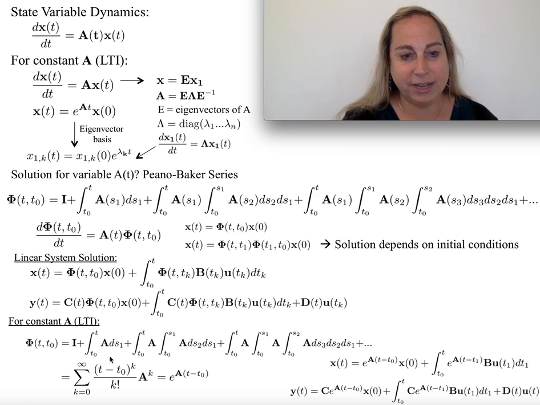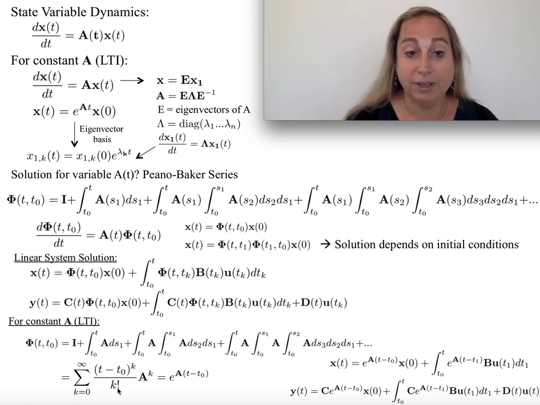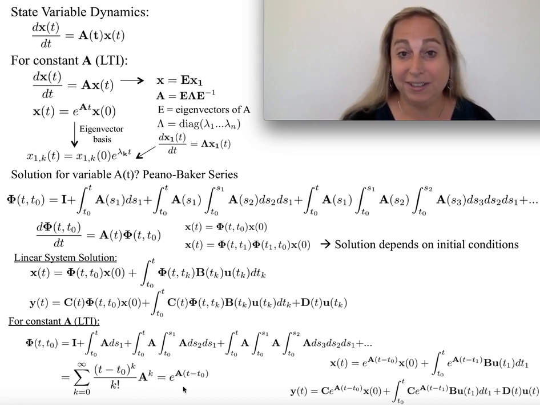And it turns out that not only do I get higher order terms for time related to its initial condition t0, but it's over k factorial. Interestingly enough, when A is fixed, this is a definition of the matrix exponential from the initial condition. Phew, okay, it all works. It's all consistent. This is great.